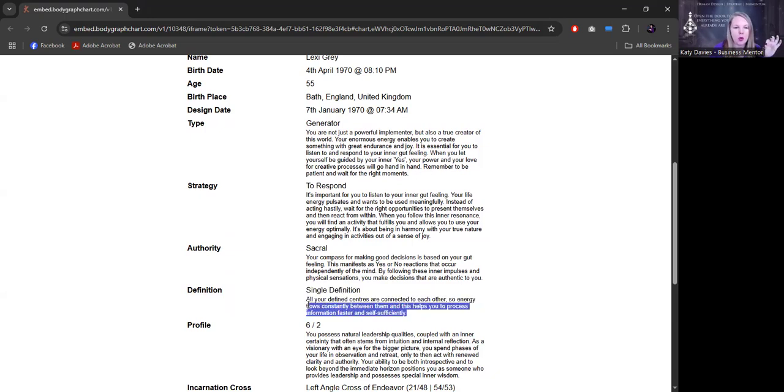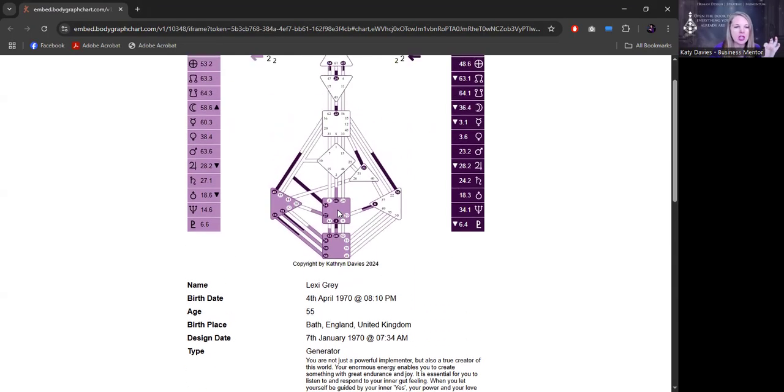So here it says all your defined centers are connected to each other, so energy flows consistently between them, and this helps you to process information faster and more self-sufficiently, right? So the energy that you have in your body consistently being generated all talks to itself with no outside interaction. Now, I have a split definition.